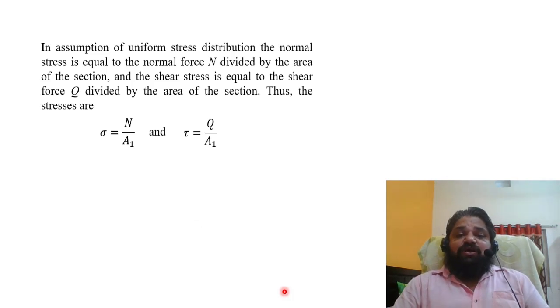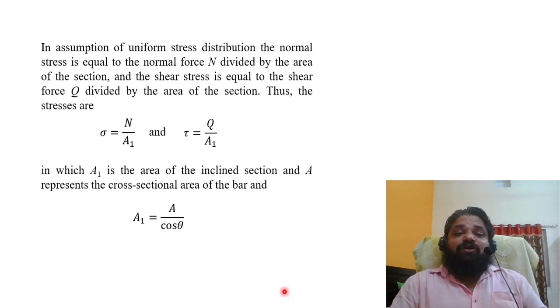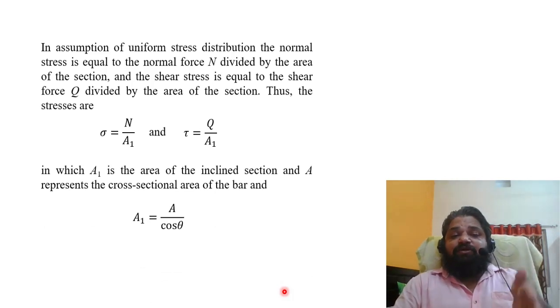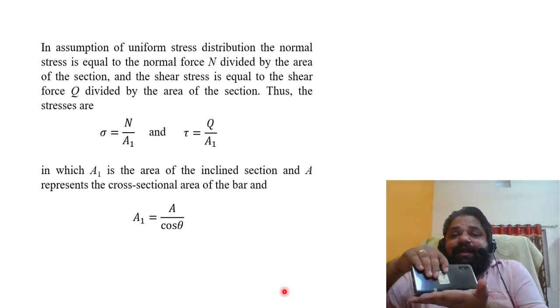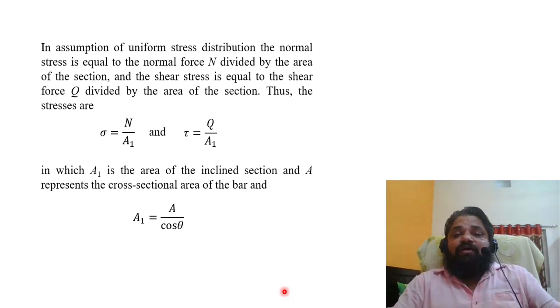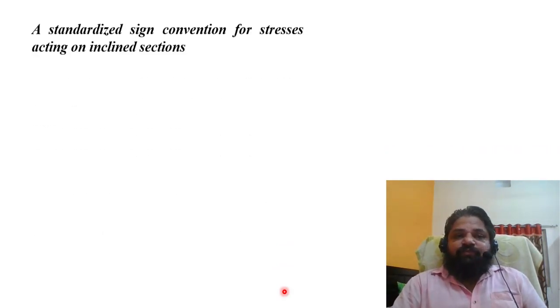The area which we initially took is A, the perpendicular area. Now the new inclined area is A1, and since initially it was perpendicular and now it is slanted by theta, A1 is A by cos theta. I think it is clear from here.